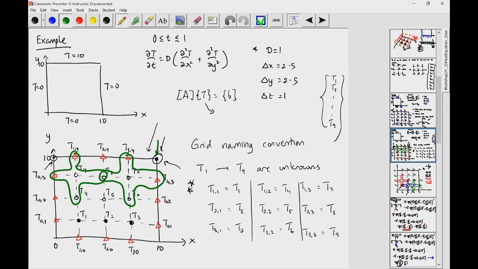So whether this point should take a value of 10 or a value of 0, it doesn't matter. Although realistically, physically, it has to have a temperature at that point, and you cannot have one single point in space with 10 degrees Celsius and 0 degrees Celsius. But we are not talking about something that is happening realistically. We are talking about what we would prescribe in a model. So from a modeling point of view, this point doesn't really matter.